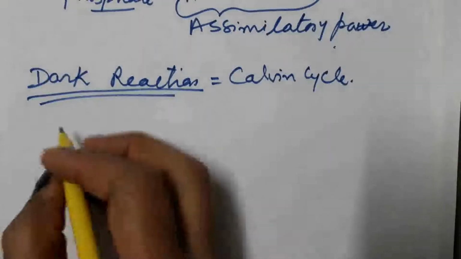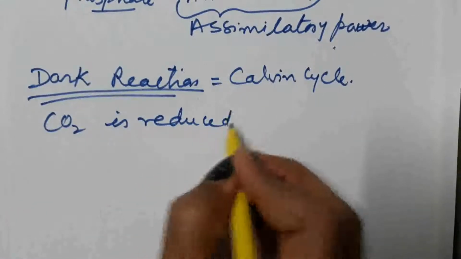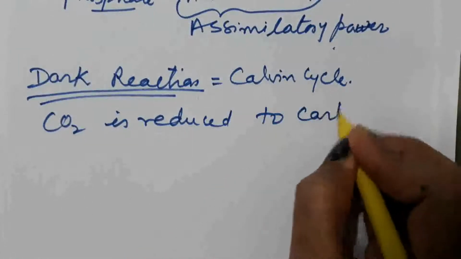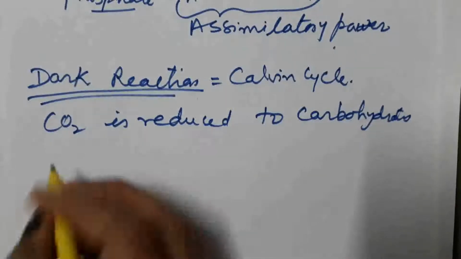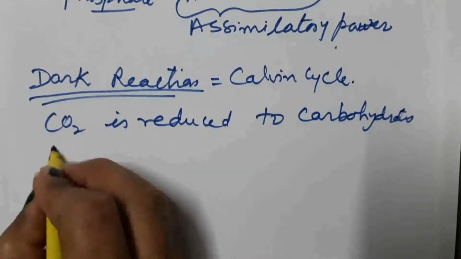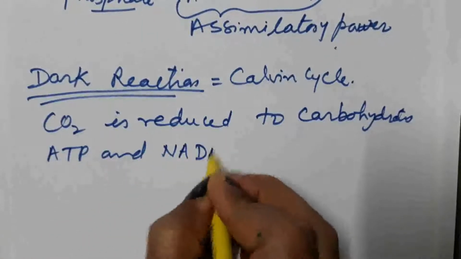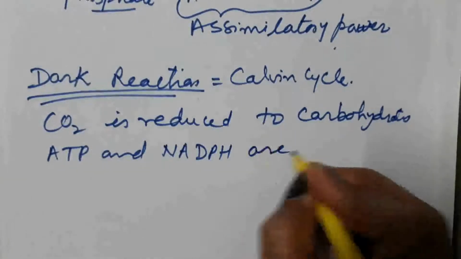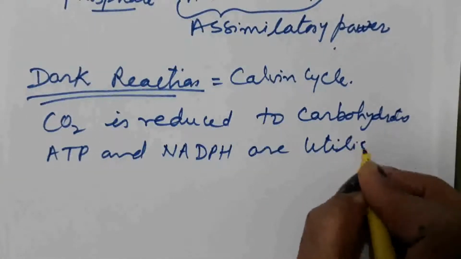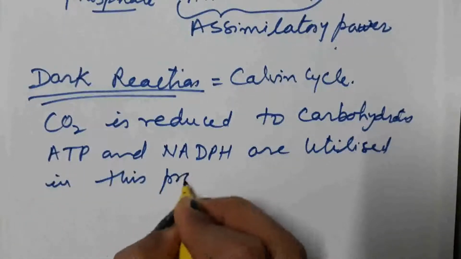So what happens in the dark reaction? CO2 is reduced to carbohydrates. ATP and NADPH, which are the products of light reaction, are utilized in this process.